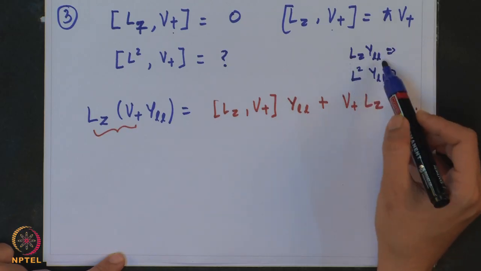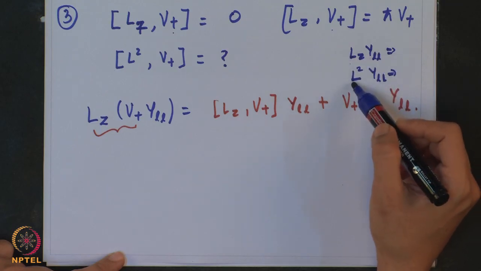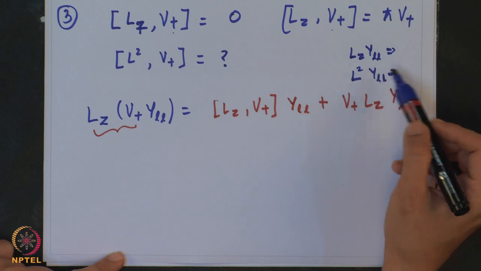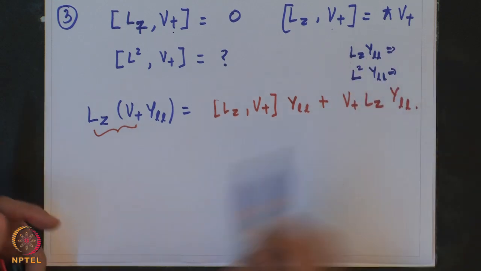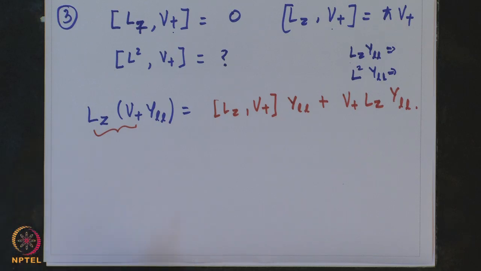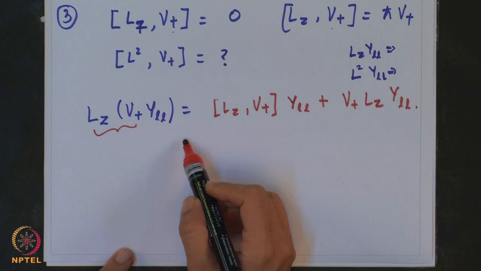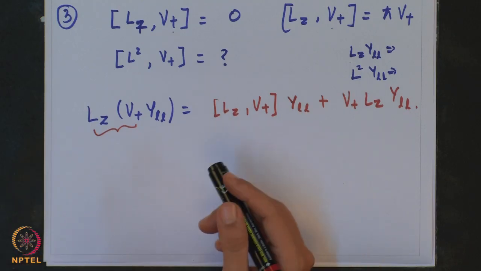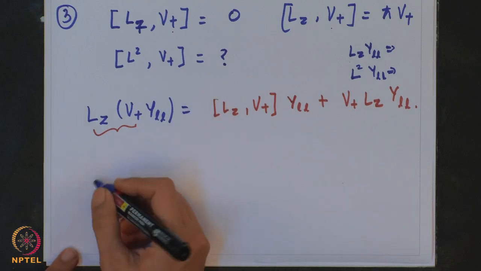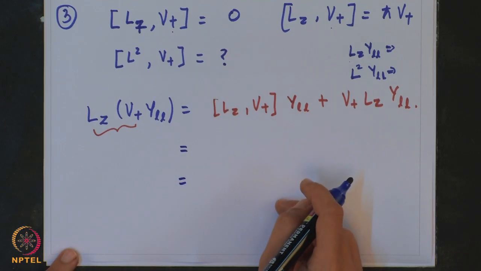When Lz is operated on |Y L L>, it will give me M L H cross |Y L L>, and L square would give me L into (L plus 1) H cross square. So, these relations we know. So, going ahead, you can evaluate from here, and after doing 1 or 2 steps, you will get to the result of what you have to prove.